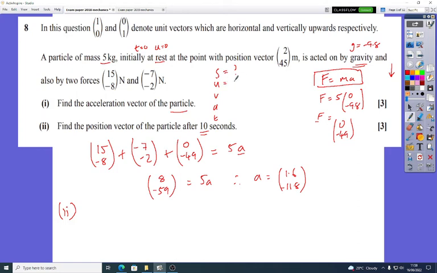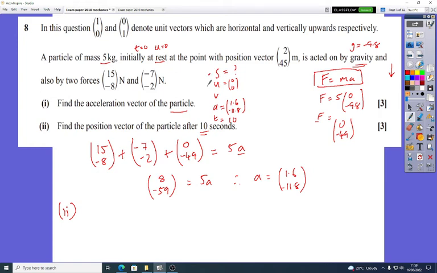We've been told that it's 0, 0 initially. We've been told that the acceleration is 1.6, minus 11.8, and we've been told that we want to find the position after 10 seconds.